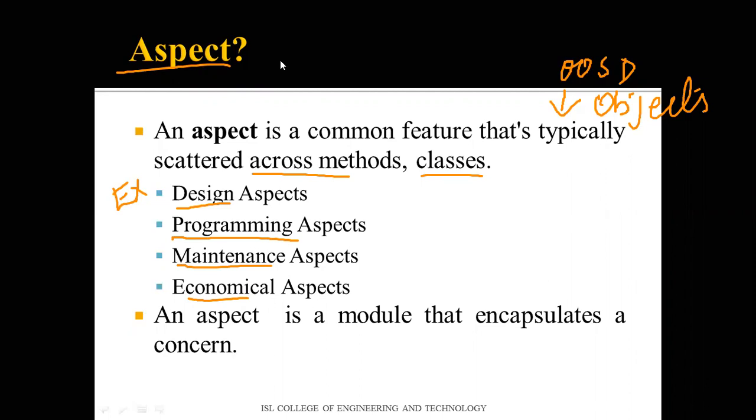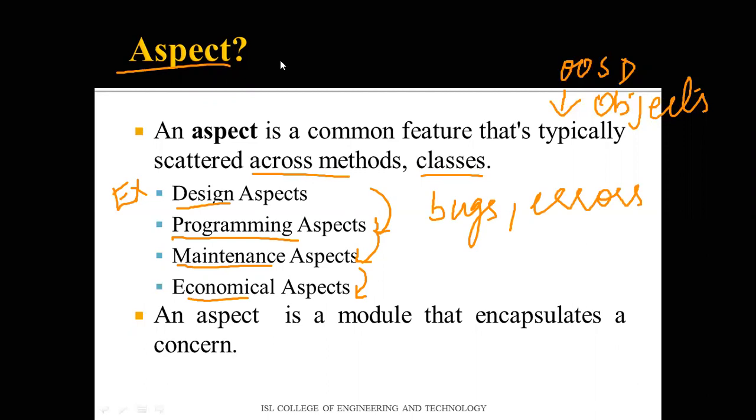Now in here, these different aspects, the design aspects and programming aspects, should not overlap onto one another. When this overlap occurs, different bugs or errors can arise within a particular software.